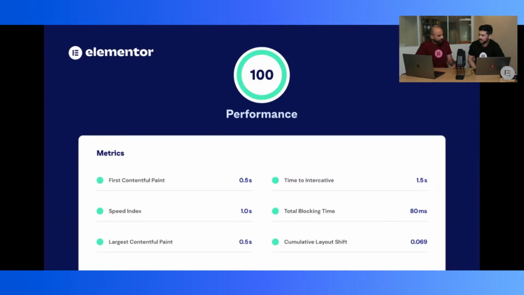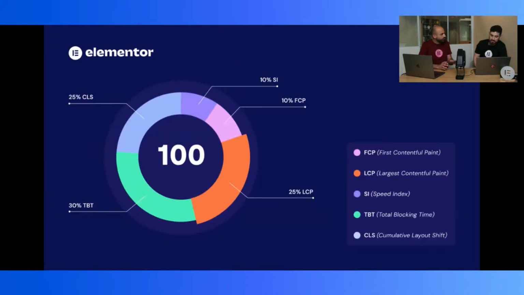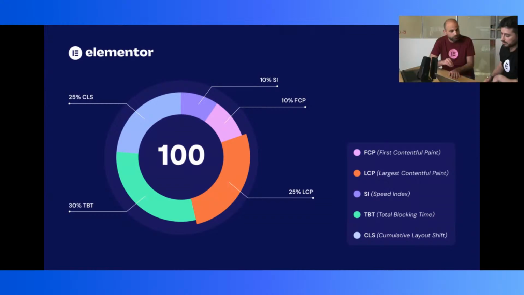Exactly. All right. But they're all not sharing the same weight. And if we try to break it down to the score and to understand where we should optimize and where we should put our main focus, you can see here the breakdown. You can see that we have the 100 score that you should strive for.